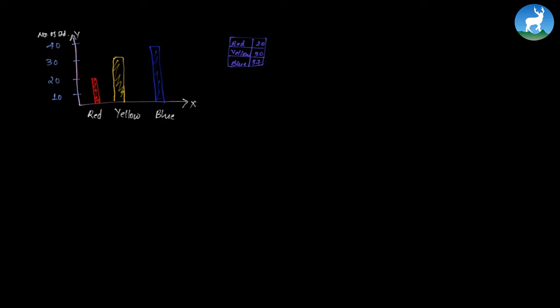So number of students we can interpret by this graph. We can first introduce about what the graph actually is, the bar diagram actually is, and we can describe a little bit about bar diagram, saying that it's a visual representation of information, and maybe we can say the number of students, the number of children who choose red as their favorite color is, so let's look at here, must be 20.